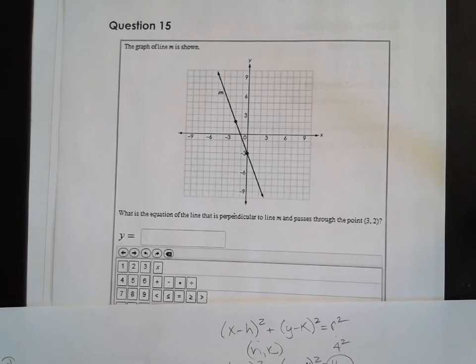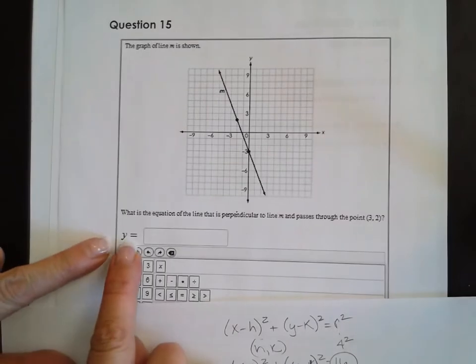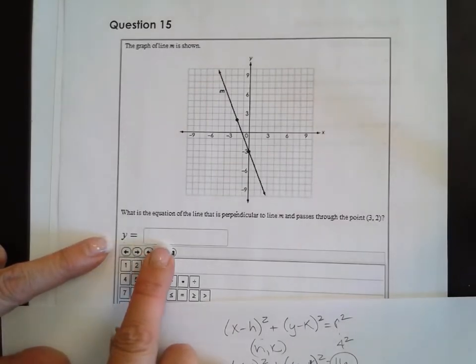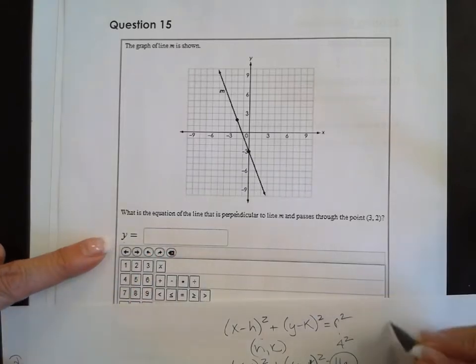All right, what's the equation of the line perpendicular to the line M and passes through the point 3, 2? Back to your memory banks. First off, what is this showing here? Y equals, so what form does it want the equation in? Beautiful, y equals mx plus b.